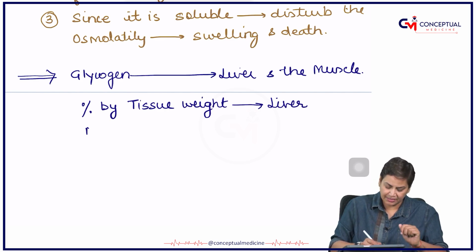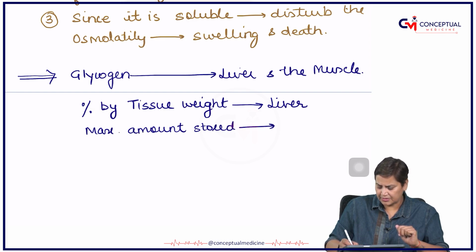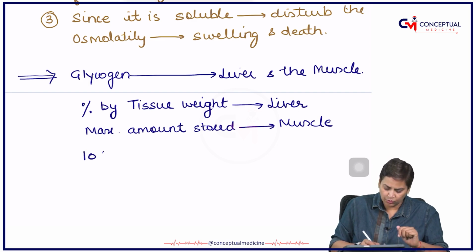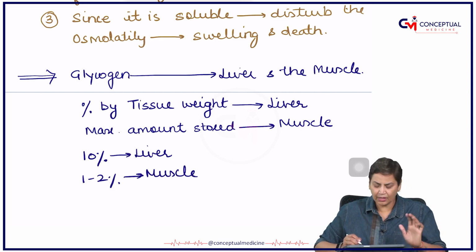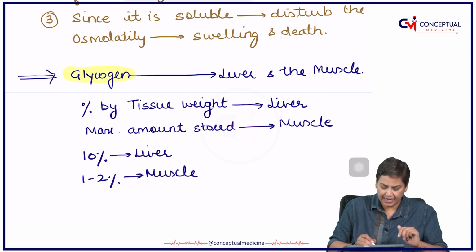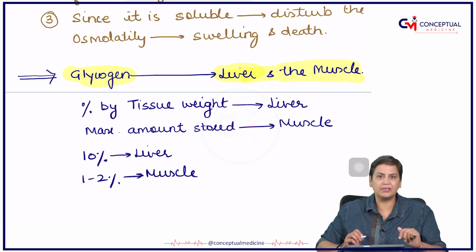But maximum storage is in the muscle. So it can store up to 10% in the liver, whereas 1 to 2% in the muscle as per the tissue weight. Okay, so I can simply say that glycogen occurs in the liver as well as the muscle.